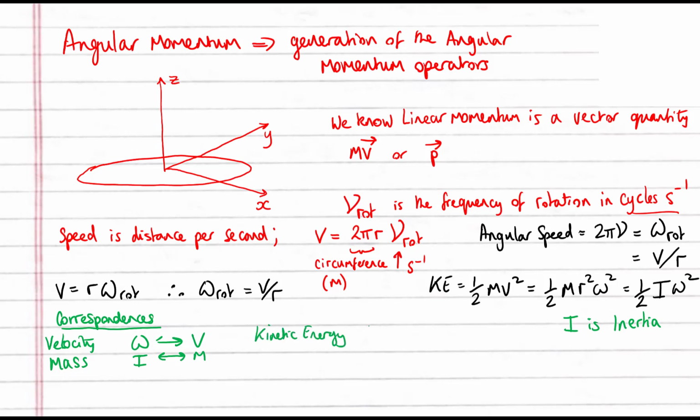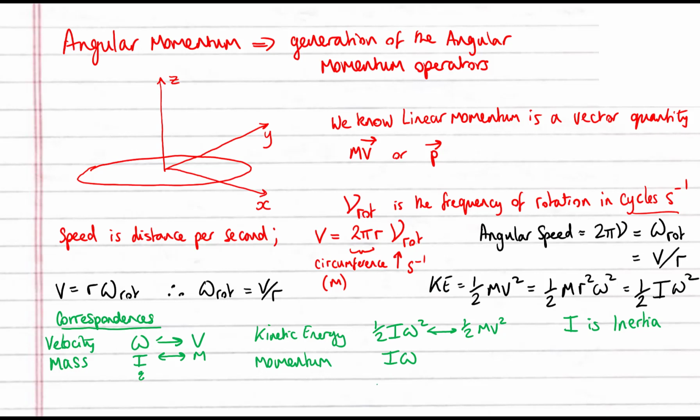So that's equal to 1/2 I omega squared for circular motion, and that corresponds to 1/2 mv squared for linear motion. And lastly, momentum. We have I omega.